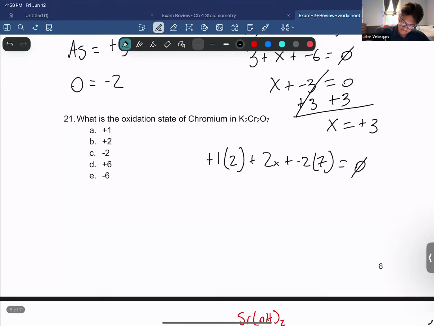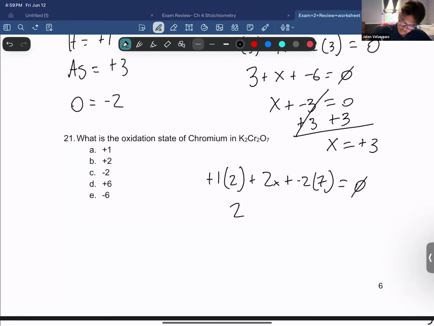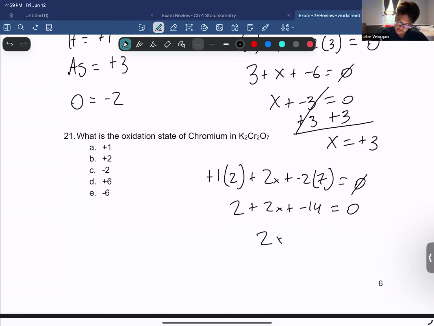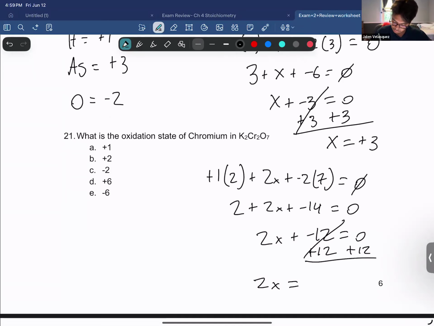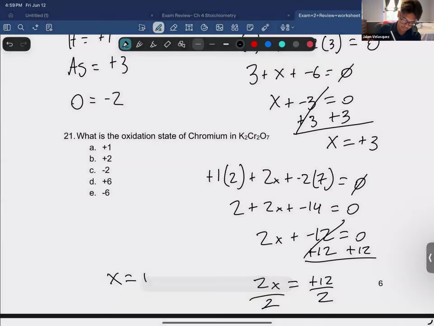So then we do 2 plus 2x plus negative 14 is equal to 0. We can combine the 2 and the negative 14, right? 2x plus negative 12 equals 0. Bring that over. So 2x is equal to positive 12. Divide by 2. And x is equal to positive 6. So your answer is going to be D.